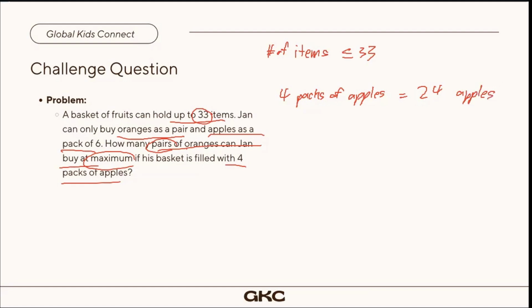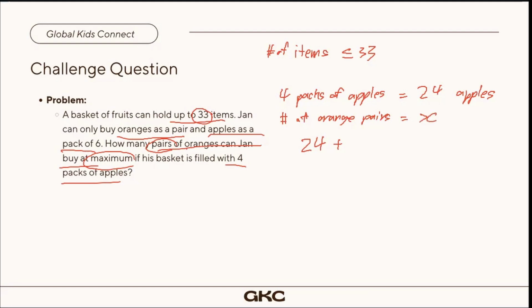And so if there are already 24 apples within the basket, we can say that there are 24 apples plus, for example, the number of orange pairs, which we set as the variable x.